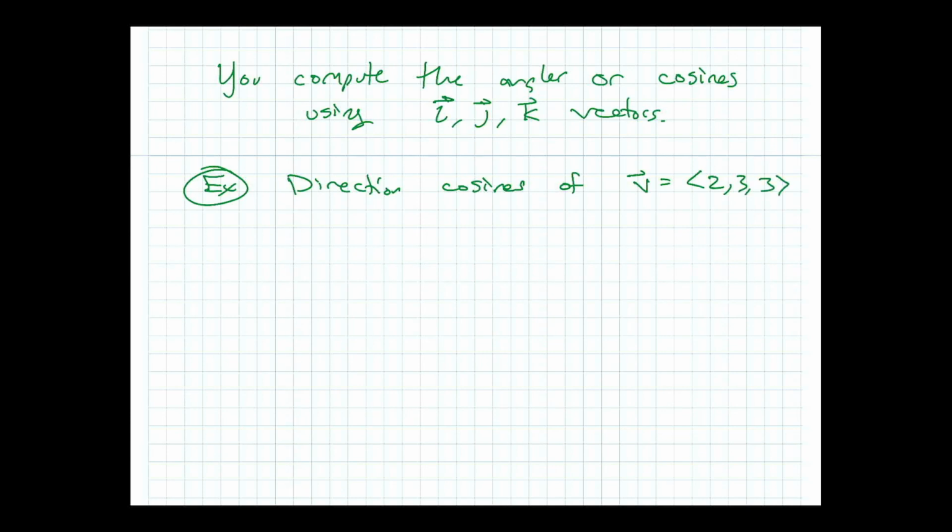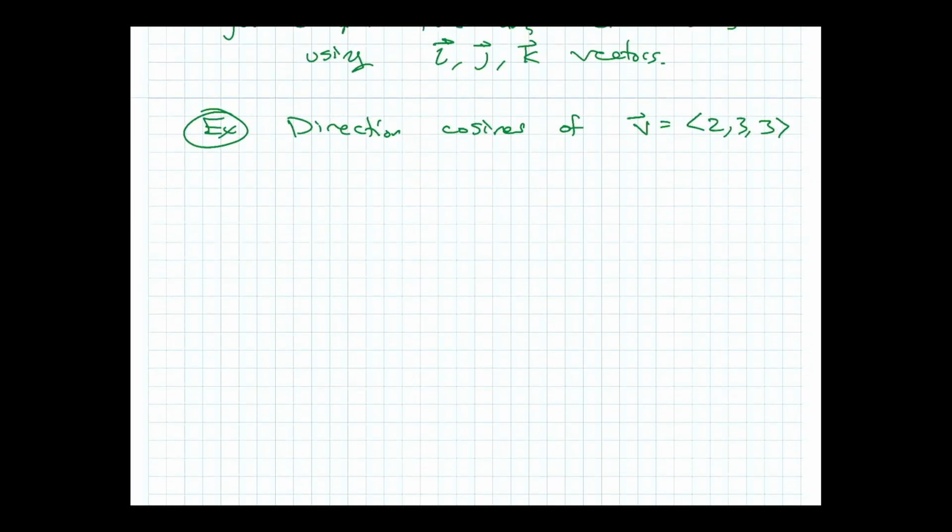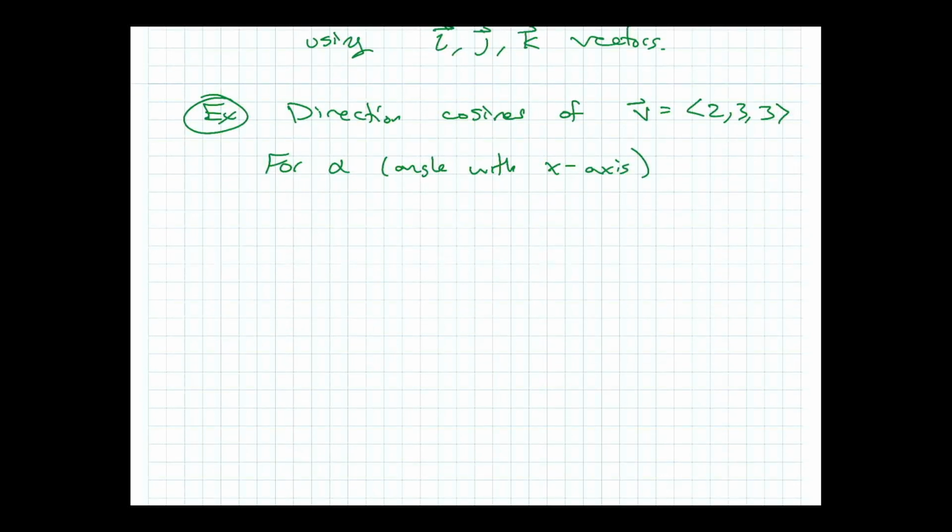What you would do for alpha, the angle with the x-axis, is use the dot product of v and i.